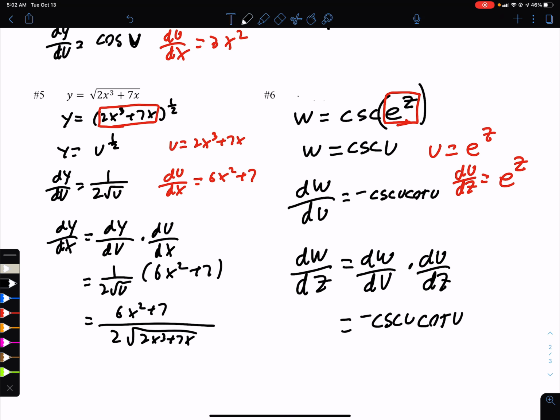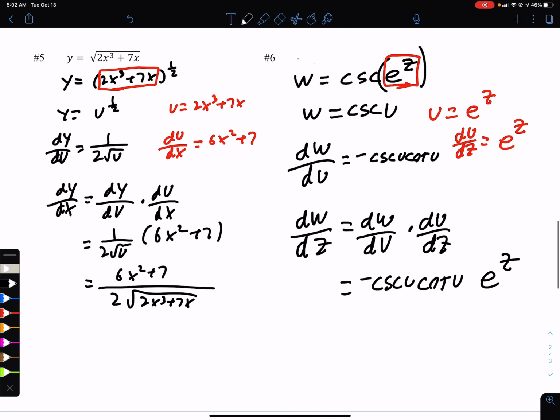That's easy. And my last step, I can't have u's. It's with respect to z. So I replace u's with e to the z. Minus cosecant e to the z, cotangent e to the z, times e to the z.